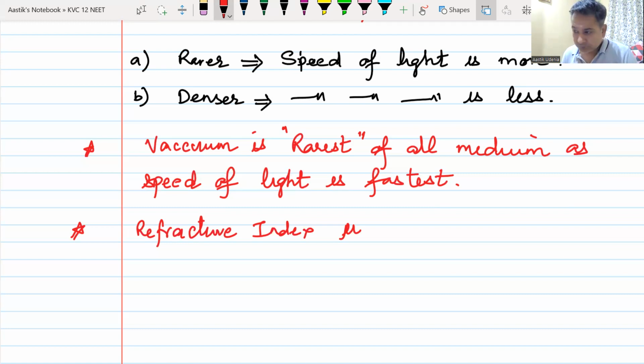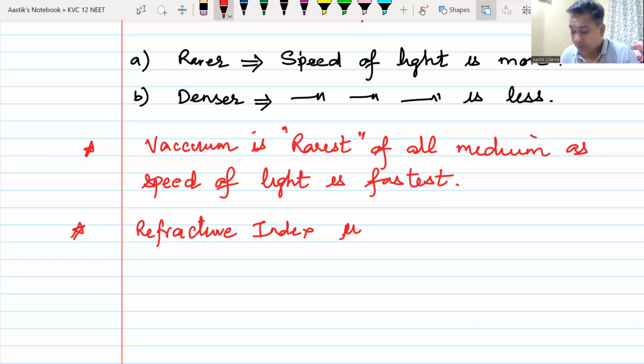Now, remember, whenever we make a unit, there must be some reference. 1 meter, you must know how much is 1 meter. Then only we can find out the length of other things. Now, to have this refractive index, we must have some comparison.